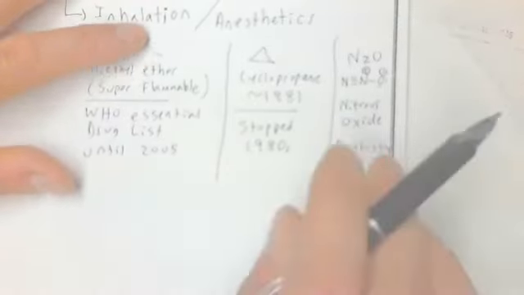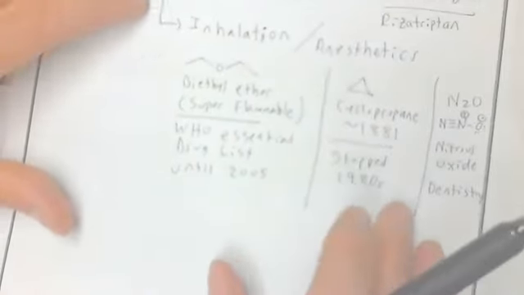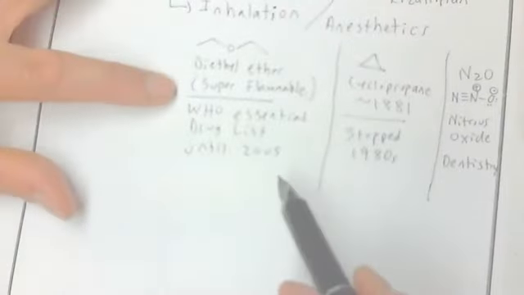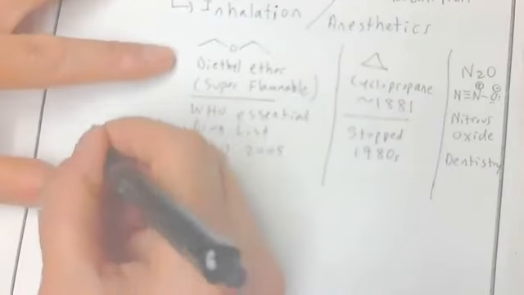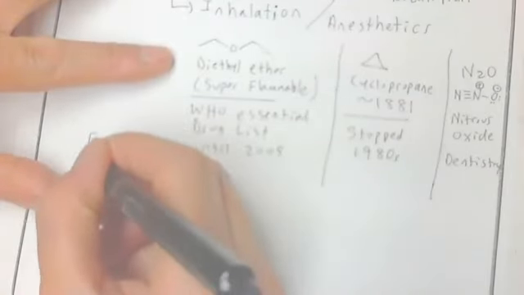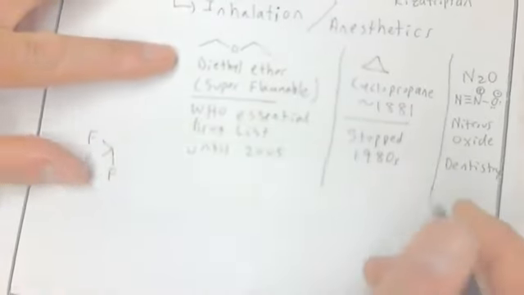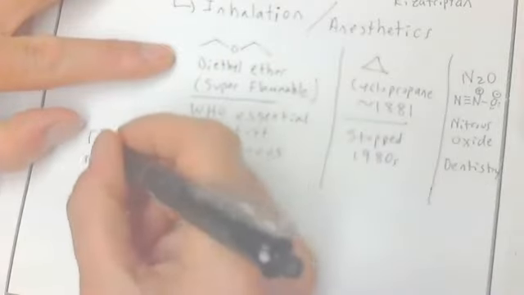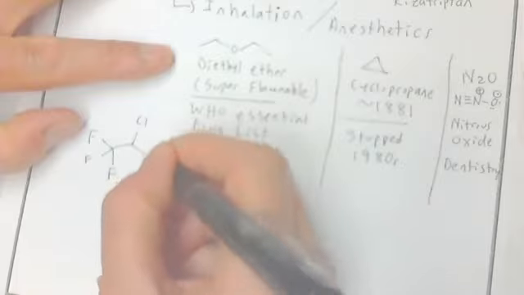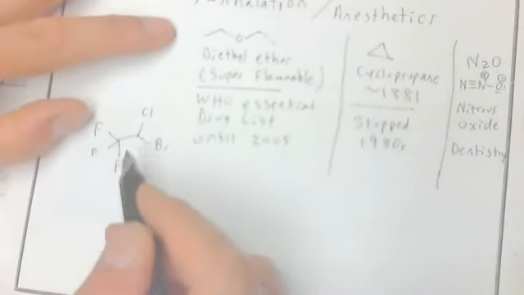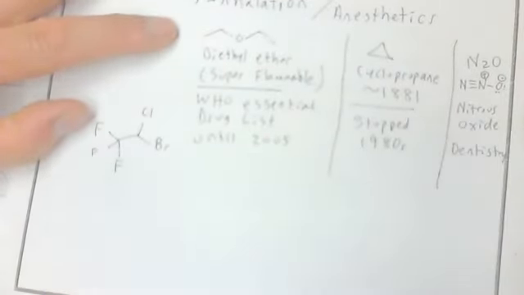A couple other ones. Let's see what I got. Other kind of gases. This one's kind of interesting. It's trifluoromethyl and CCl, CBr.